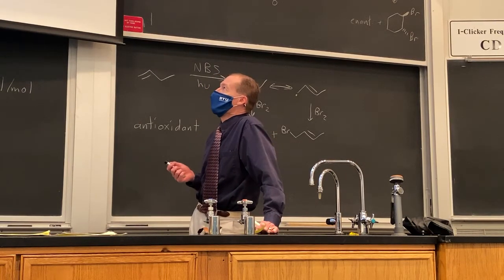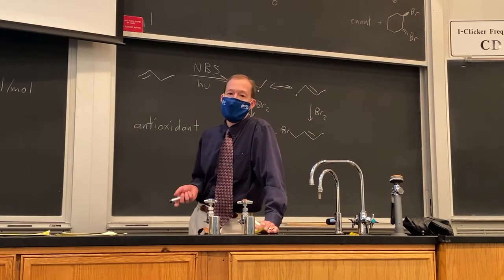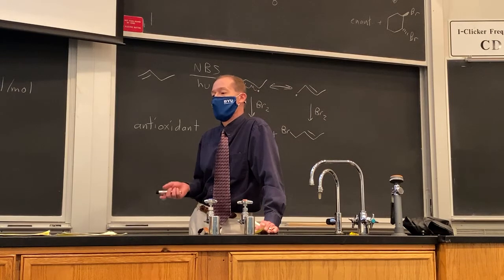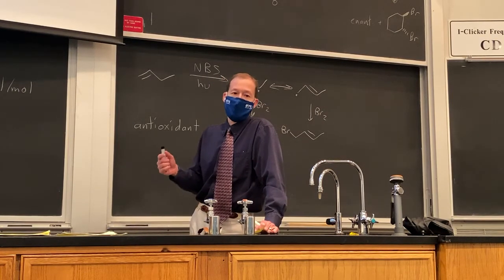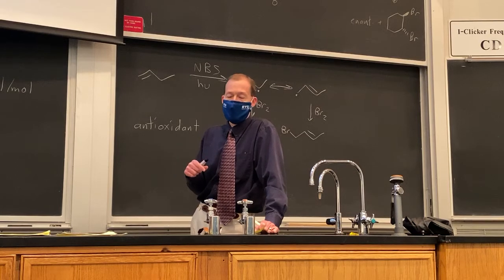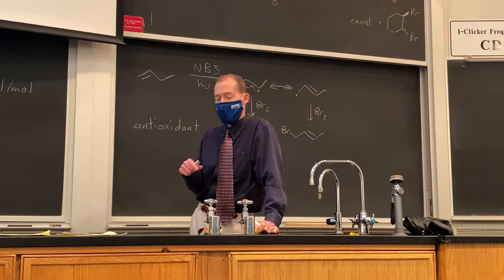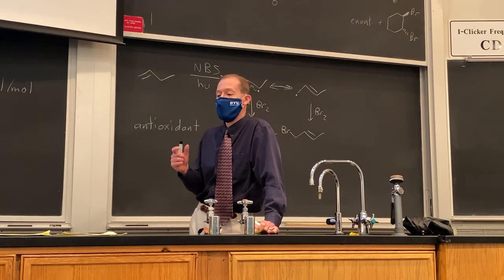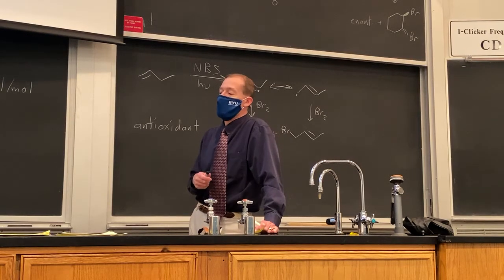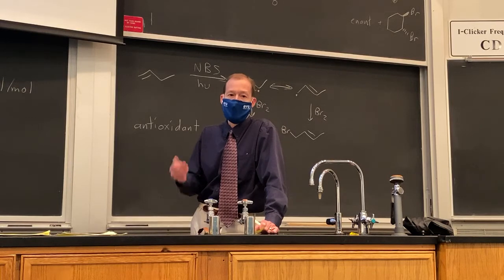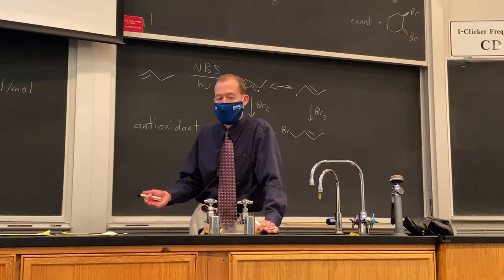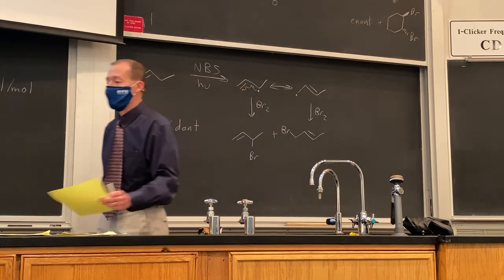And since the air oxidation process is a radical process, antioxidants will inhibit radical reactions. What they will do is they will intercept a radical intermediate and react with that radical intermediate to form a more stable radical. And that more stable radical is going to be less reactive. So you slow down and in some cases stop the radical chain reaction.